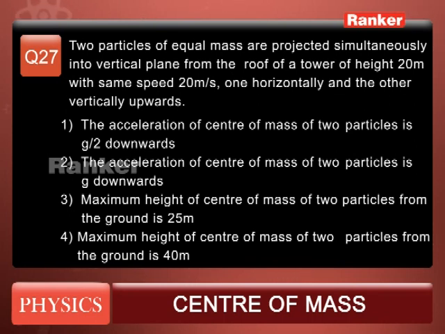Option 2: the acceleration of the center of mass of the two particles is g downward. Option 3: the maximum height of the center of mass of the two particles from the ground is 25 meter. And option 4: the maximum height of the center of mass of the two particles from the ground is 40 meter.